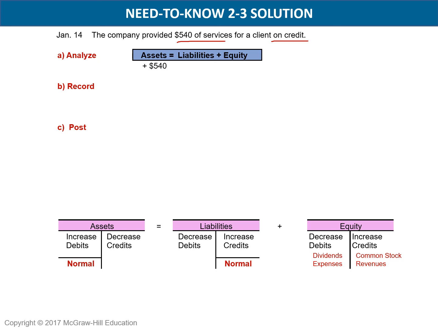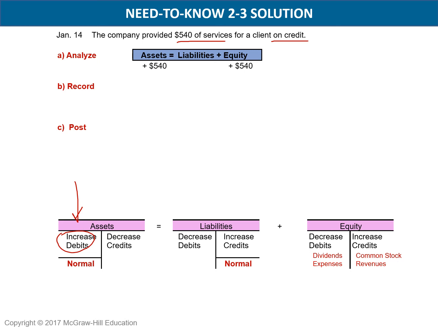So our assets, particularly accounts receivable, is going to increase by $540. And then our revenue, which falls in the equity section, is going to increase by $540. So to increase an accounts receivable asset account, we debit, right? To increase assets, we debit.